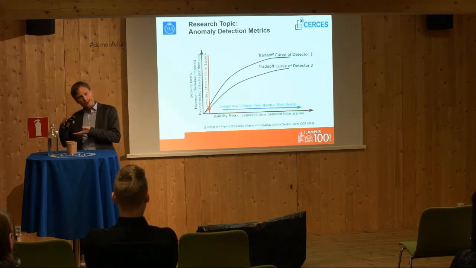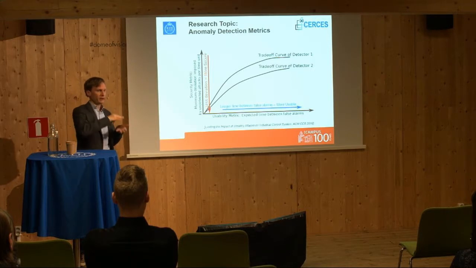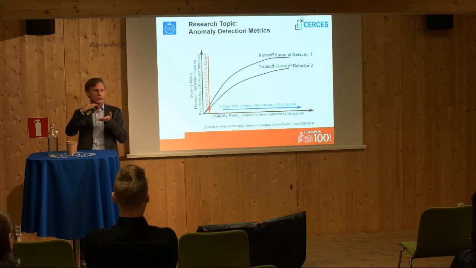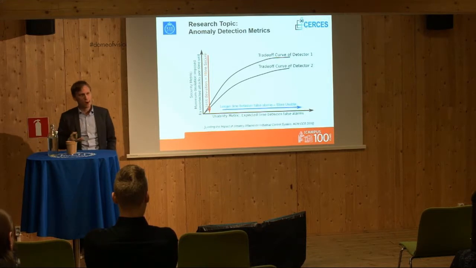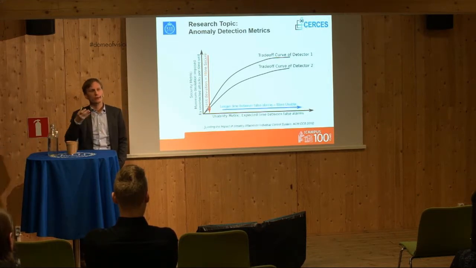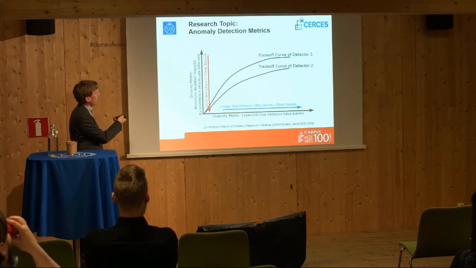On the other hand, when you do that, you also leave some room for an attacker to attack the system without causing damage. So the question is, how much room do you give? When you increase the expected time between false alarms, how much room do you give to the attacker to cause physical damage? And that's what you have on this axis.